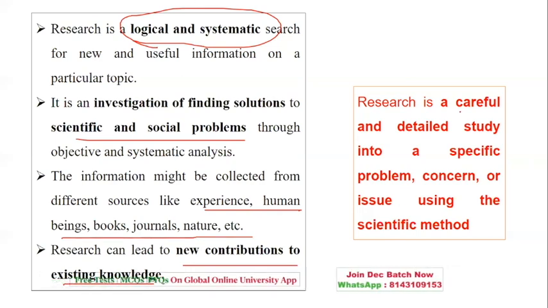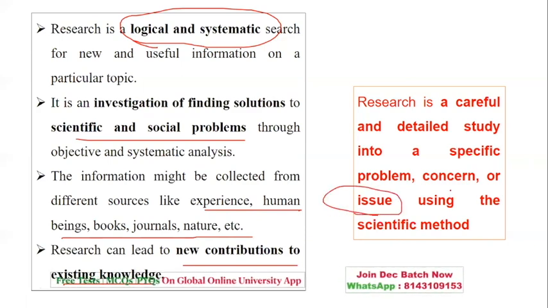So if we summarize, research is nothing but a careful and detailed study into a specific problem, concern, or issue using the scientific method. So an issue is either a concern or a problem, which has to be studied in detail.